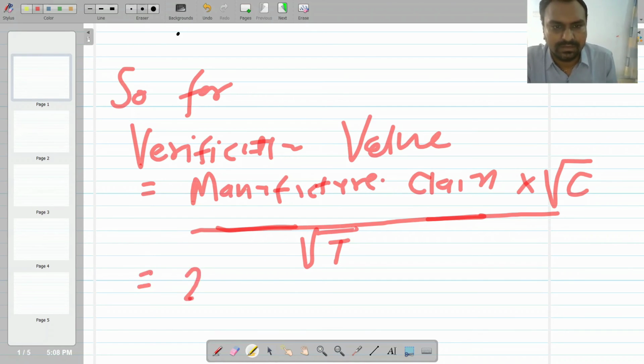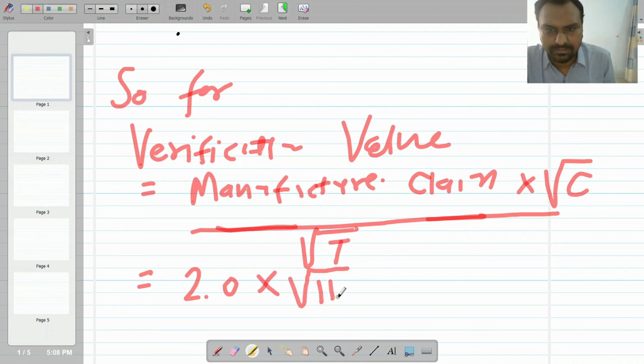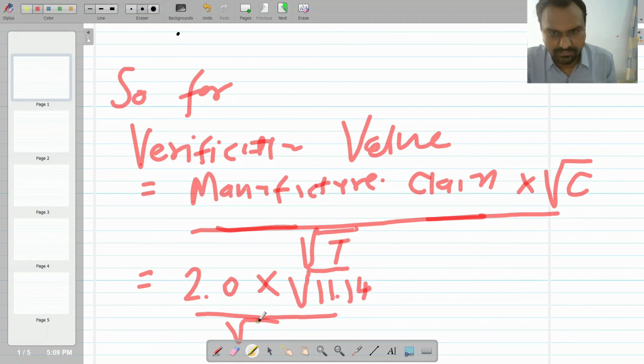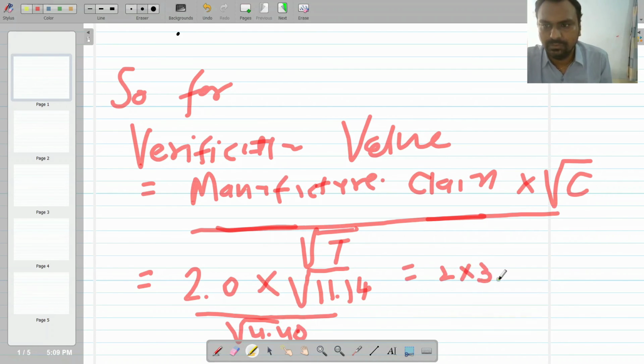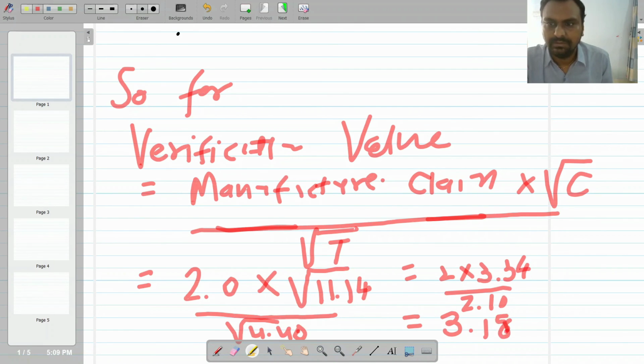Here the manufacturer's claim is 2.0 SD, the chi-square value is 11.14, divided by the square root of the t value 4.40. That equals 2 into 3.34 divided by 2.1, which equals 3.18.